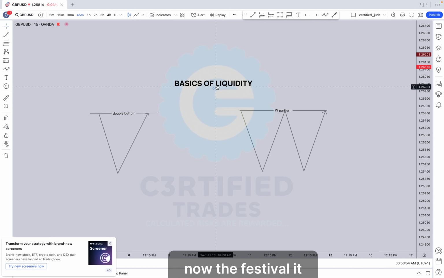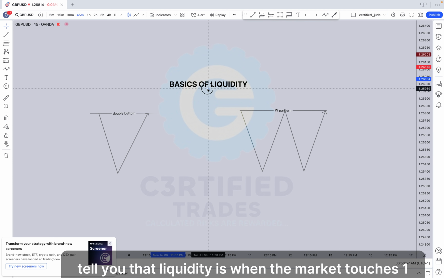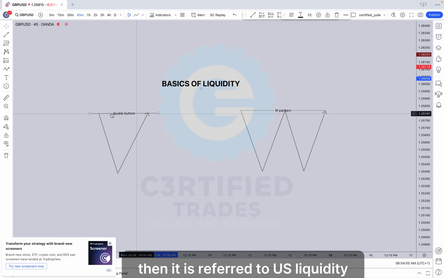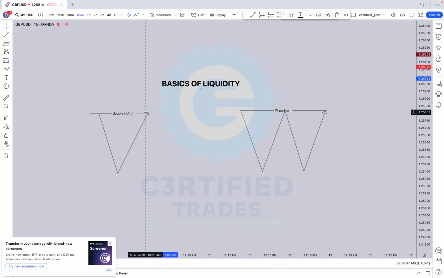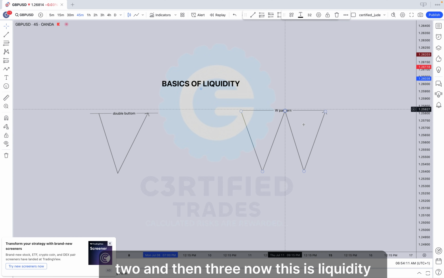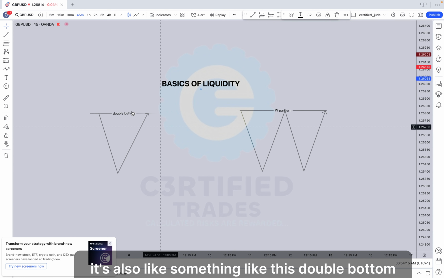First of all, they tell you that liquidity is when the market touches 1 and 2, then it is referred to as liquidity. Or when the market goes 1, 2, and then 3. This is also liquidity. It's also something like a double bottom.